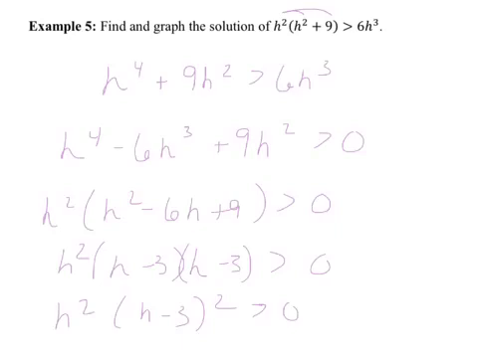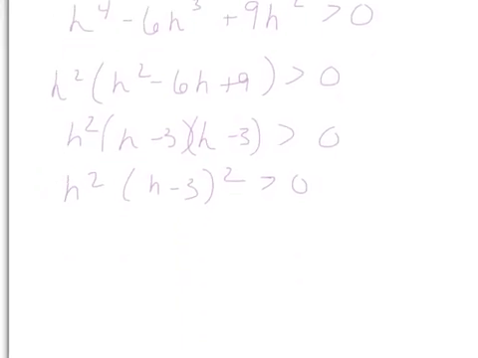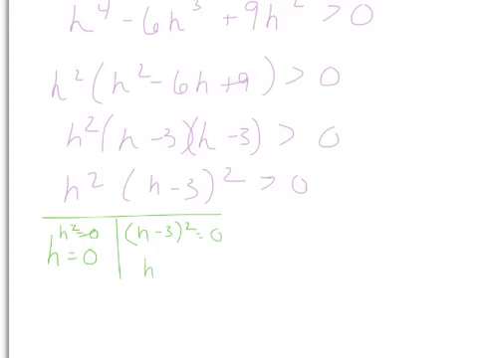So this tells us that we're only going to have two critical points. One critical point is h equals 0, coming from the h that we factored out in front. Remember, we set h squared equal to 0, giving us h equals 0. Then we set h minus 3 squared equal to 0, giving us h minus 3 equals 0 and h equals 3. So we've got h equals 3 and h equals 0 as our two critical points.